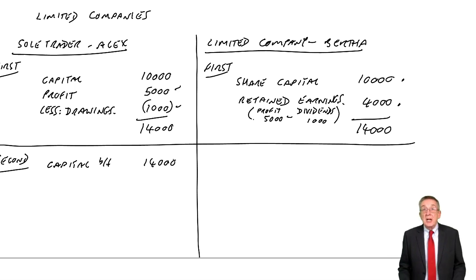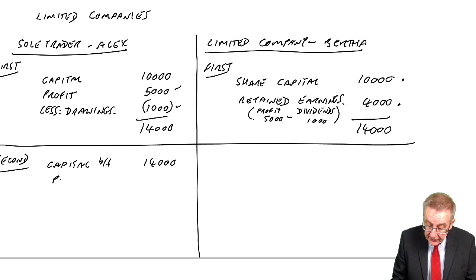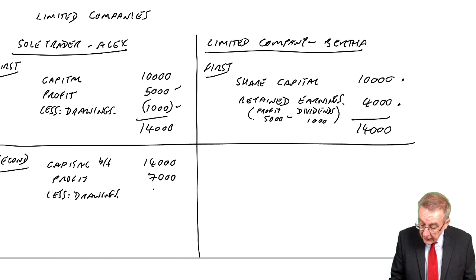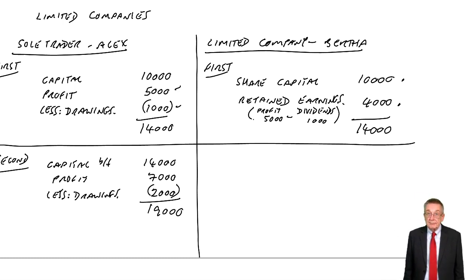And then we add on the second year's profit and take off the second year's drawings. So the profit in the second year was 7,000. The drawings in the second year were 2,000. And so the total owing at the end of the second year, 19,000.